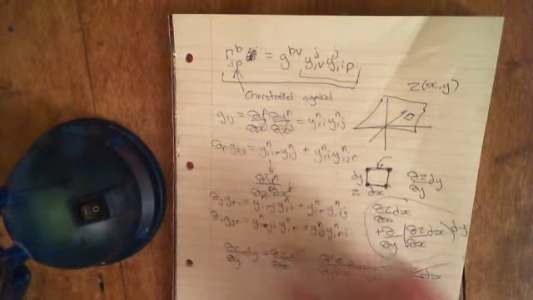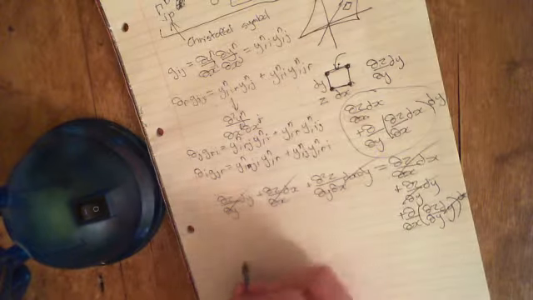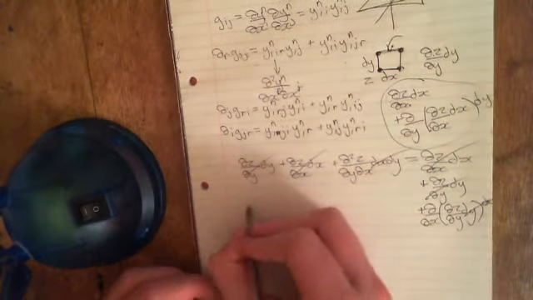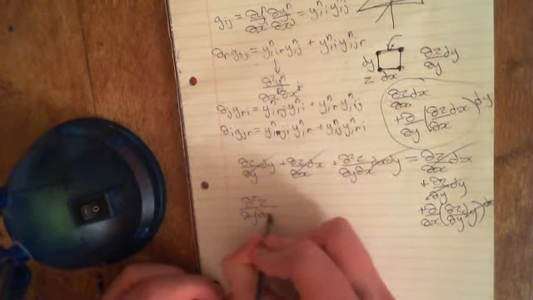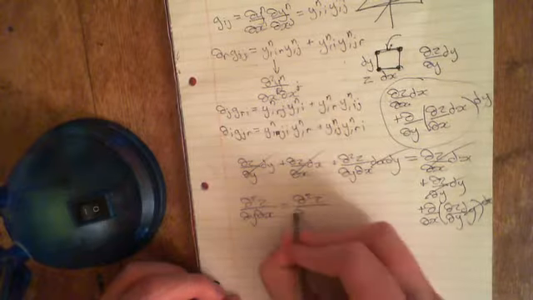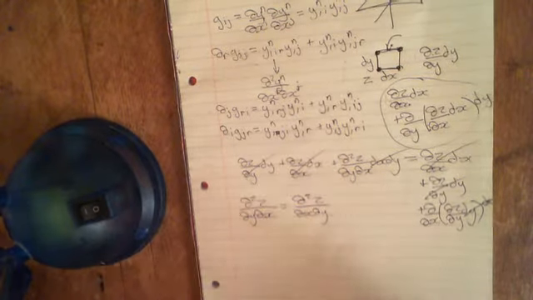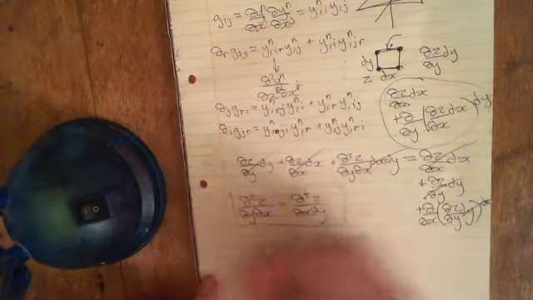So cancel that, cancel that, cancel that, cancel the dx dy, and you get that d2z dy dx is equal to d2z dx dy. So that's a little proof that these two commute.